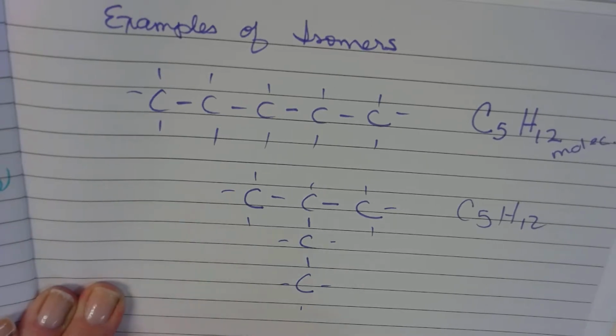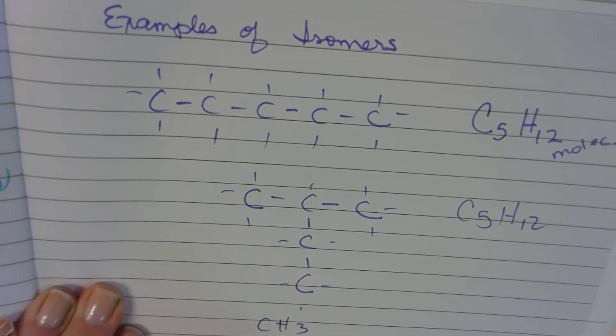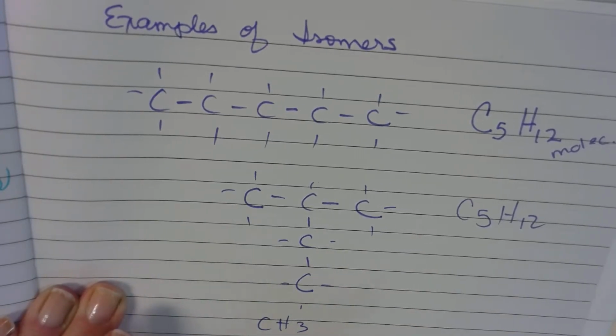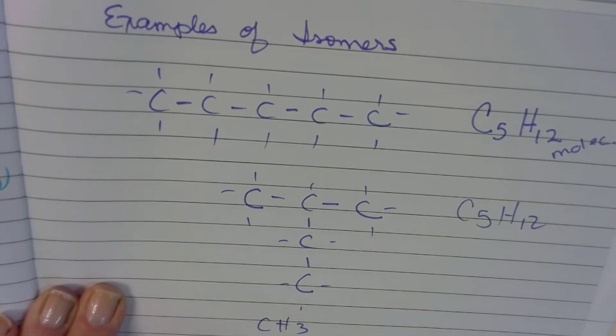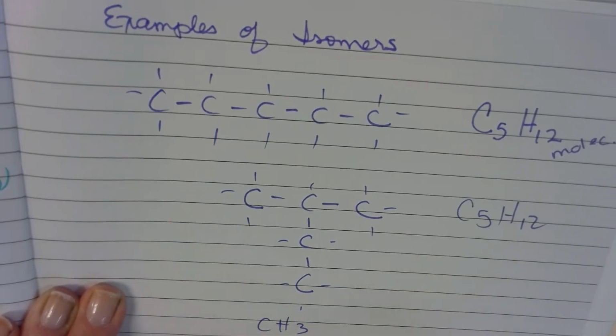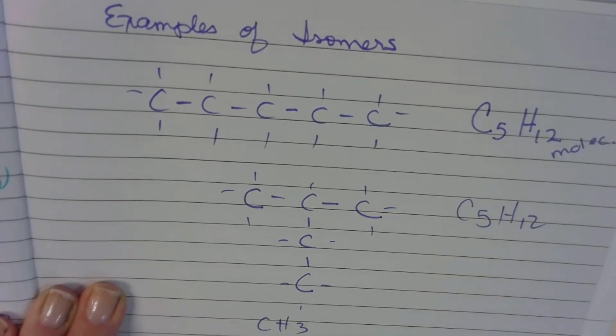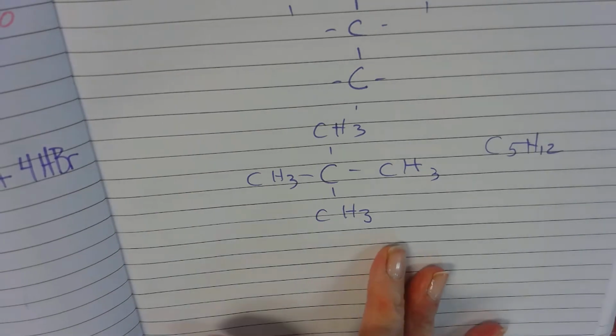Let's see if there's any other variations. 1, 2, 3. 1, 2, 3, 4, 5. Okay. 1, 2, 3, 4, 5 carbons. 1, 2, 3, 4 times 3, 12 hydrogens. Okay, so notice that this shape is different.